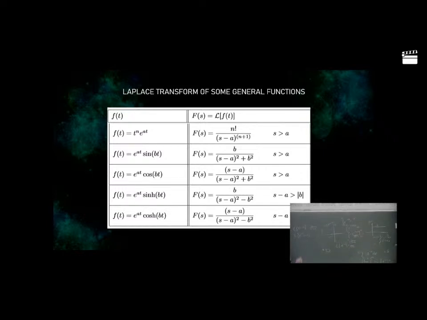Simply by seeing from this to this, it will be: replace s by s plus a, so a by ((s plus a) whole square plus a square). Similarly, you can do it for cos at or such multiplications of functions. From the simple basic formulas, you can derive all the bigger product formulas of the functions.